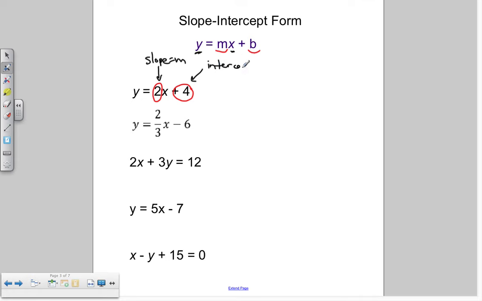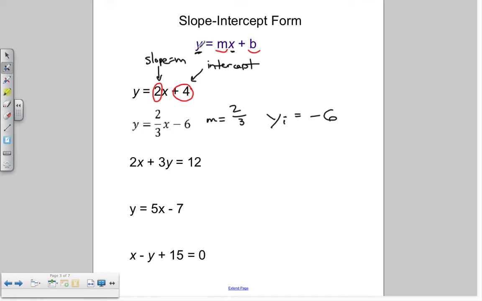So on each of these, I'm going to ask you, what is the slope and what is the intercept? Slope is 2, intercept is 4. How about here? What is the slope? m is 2/3. What is the y-intercept? Well, -6. Okay, next one. If I look at the next one, it is not in slope-intercept form.